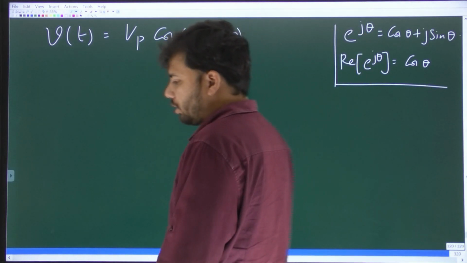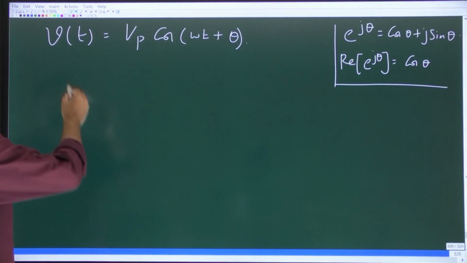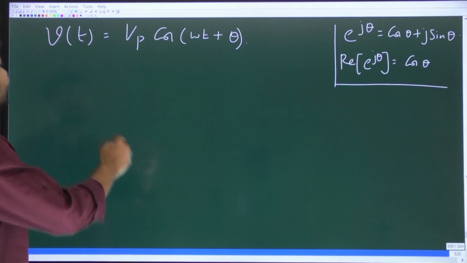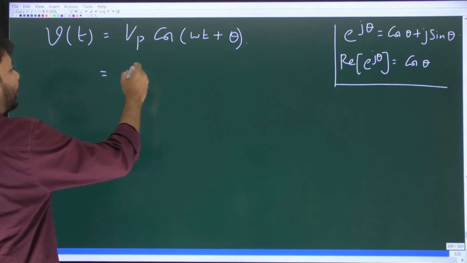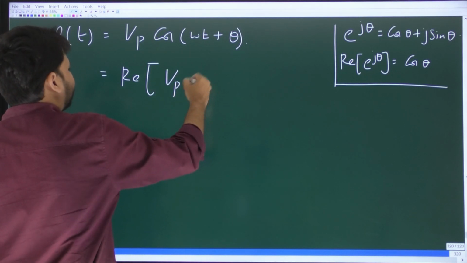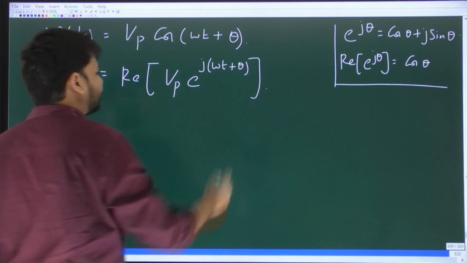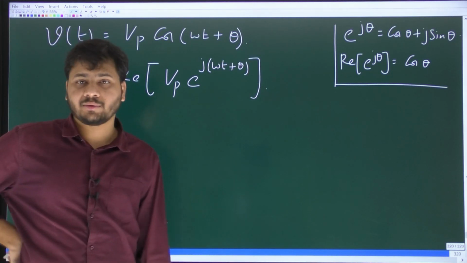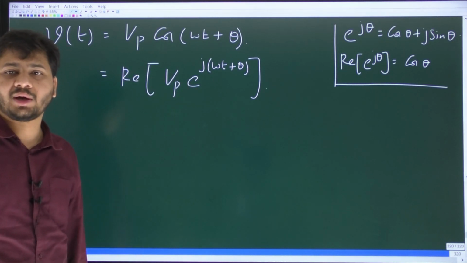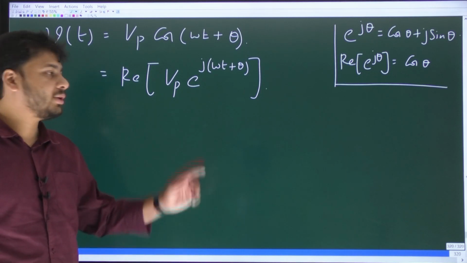Now coming to this sinusoidal voltage, Vp cos(omega t plus theta), this can be written as the real part of Vp times e power j(omega t plus theta). Please convince yourself that this is correct. So the original sinusoidal voltage is Vp cos(omega t plus theta), but that can be written as the real part of some complex number.